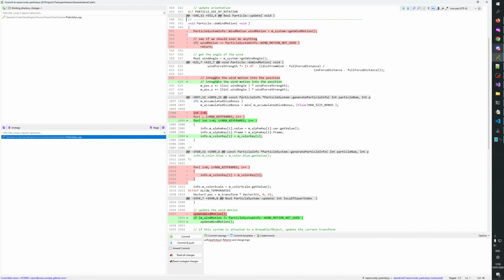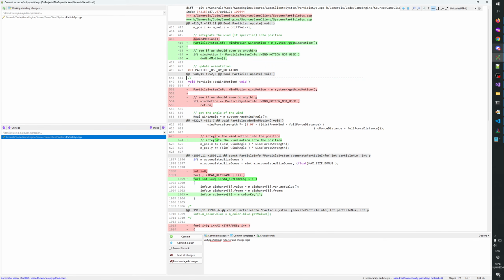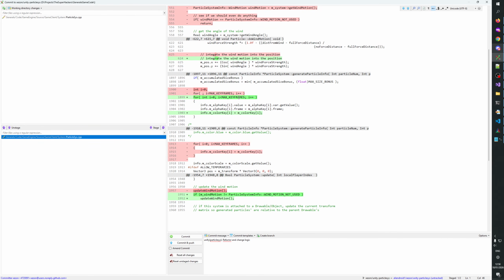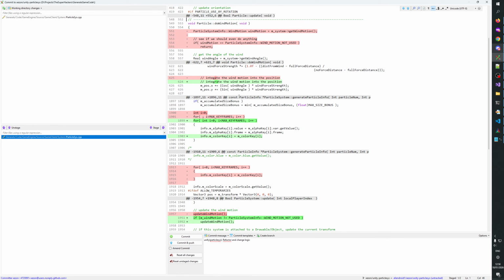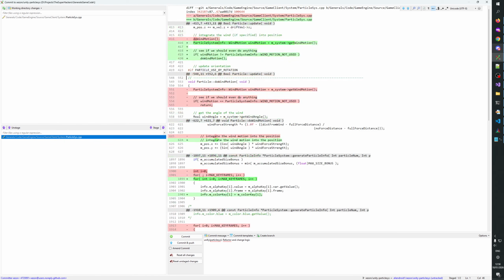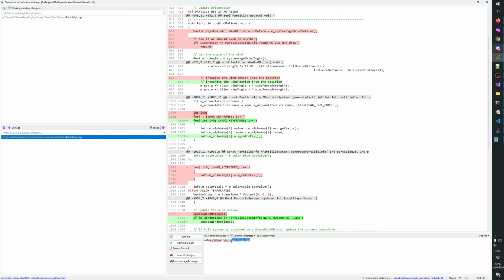Yeah. Update wind motion. Minor, merge minor refactors.